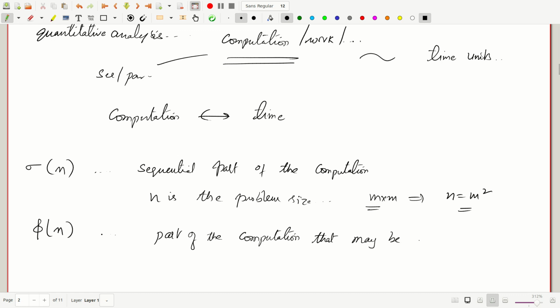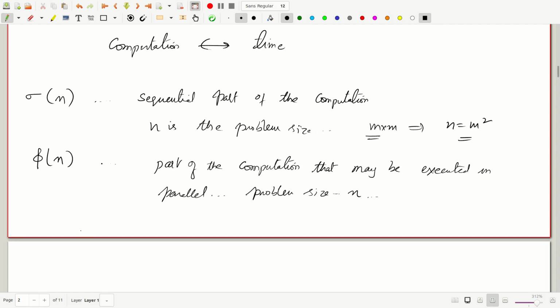Again, it depends on the problem size n, so as your problem size n grows, phi of n might also grow. It depends on how much of the computation can be made parallel.